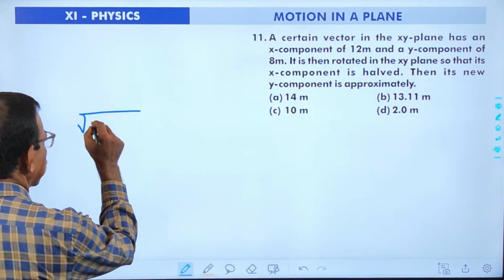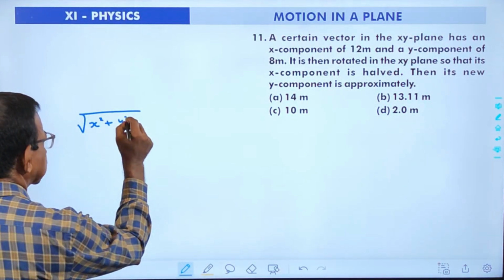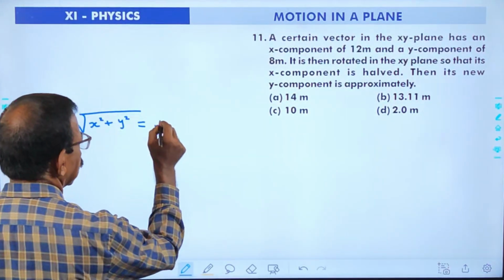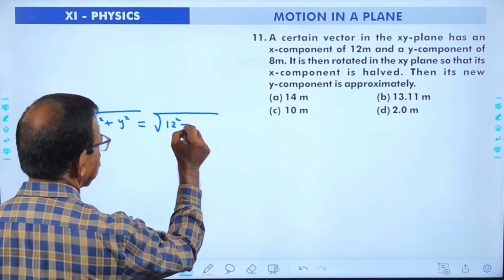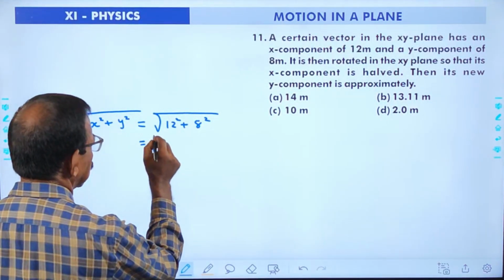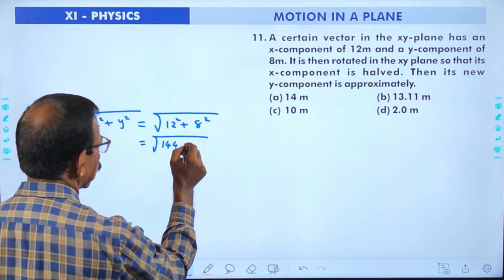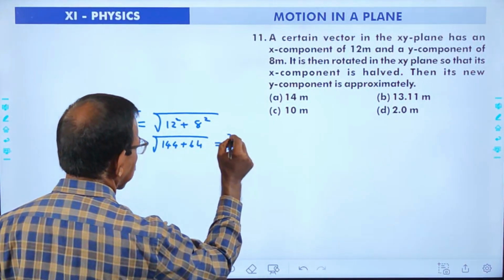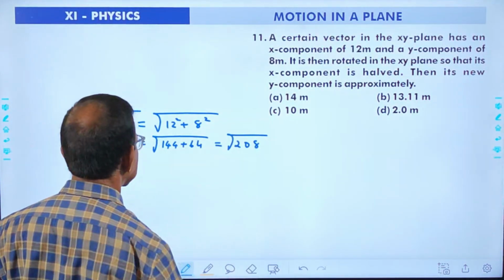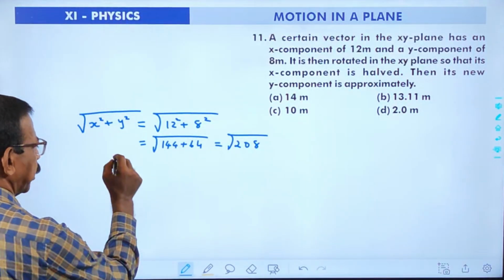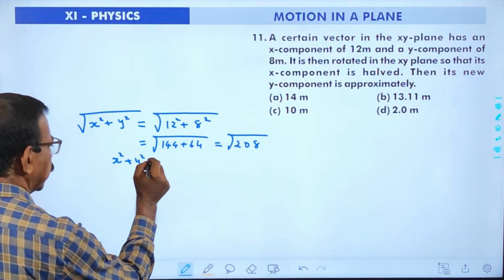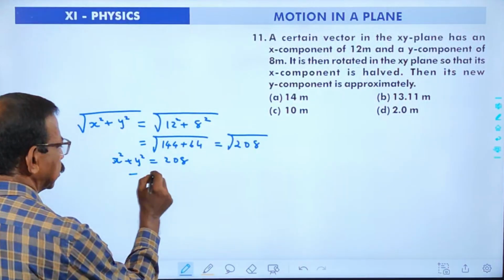Now the magnitude is root of x square plus y square, root of 12 square plus 8 square, root of 144 plus 64. It will give root of 208. That means x square plus y square equals 208.